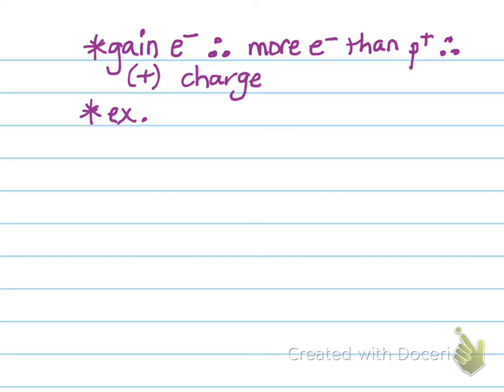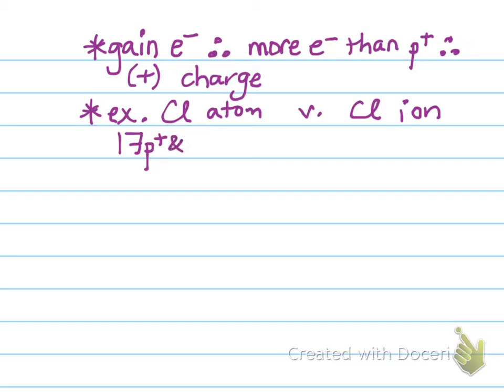To look at an example, again, we're going to look at a chlorine atom versus a chlorine ion. Chlorine is atomic number 17, so a chlorine atom has 17 protons and 17 electrons.